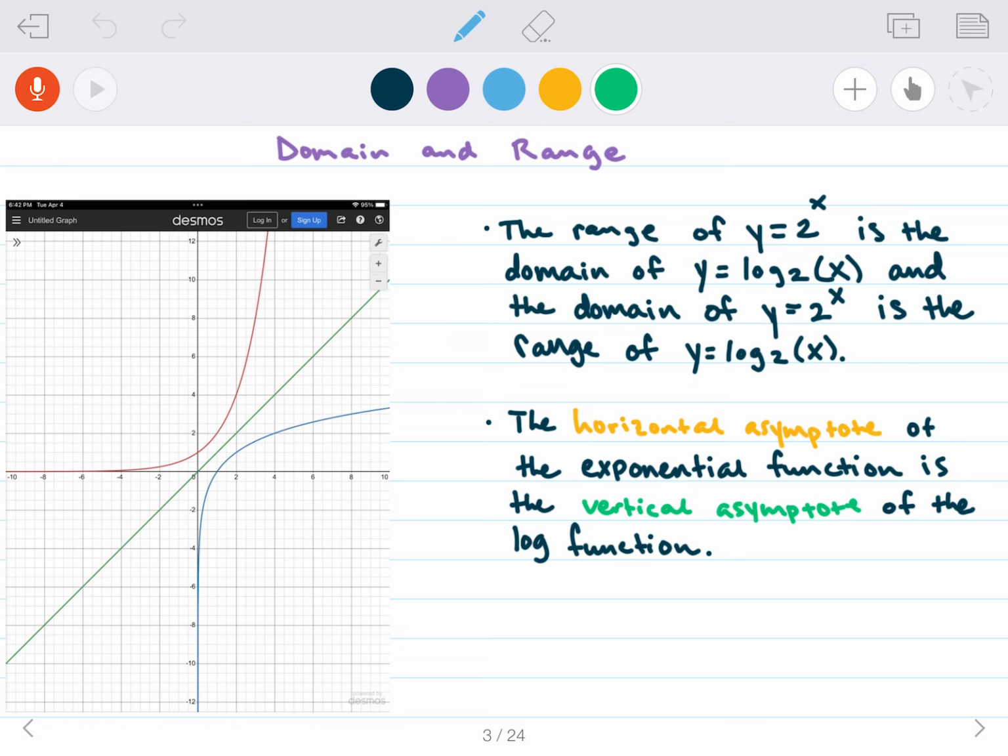We also have something called a horizontal asymptote. And so the horizontal asymptote is basically the horizontal line that the function can't touch. Let me define that down here.